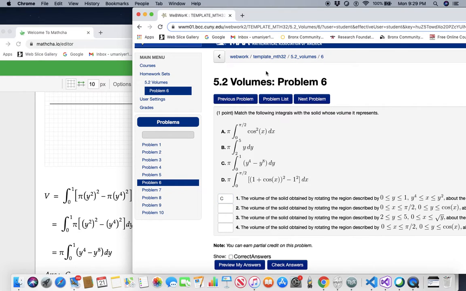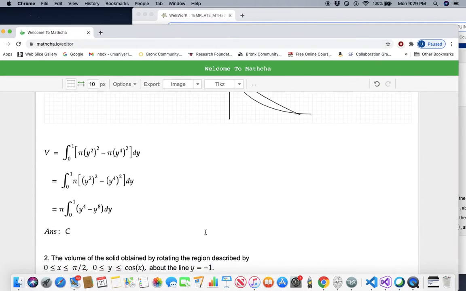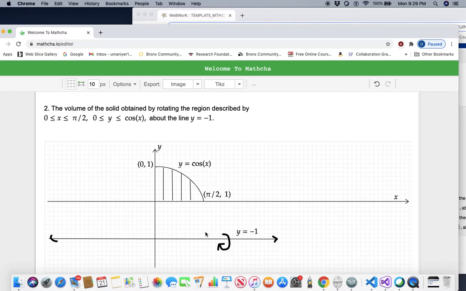All right. The second volume. I have rewritten it here. The solid is obtained by rotating the region described by x between 0 and pi by 2, y between 0 and cosine x, and you want to rotate this region about the line y equals negative 1.